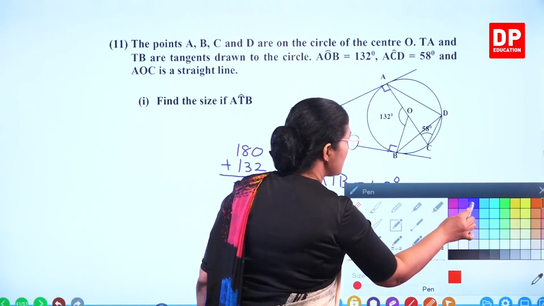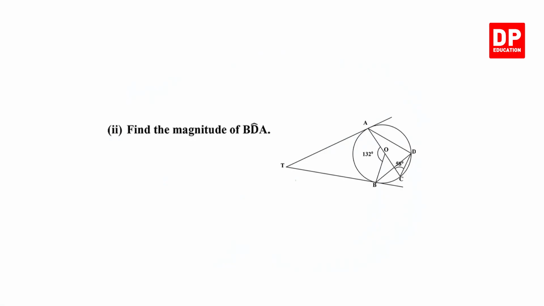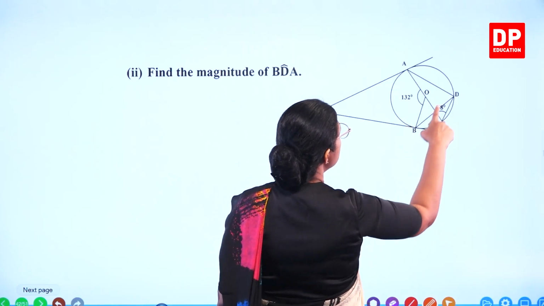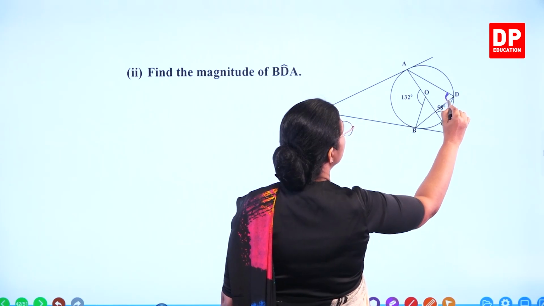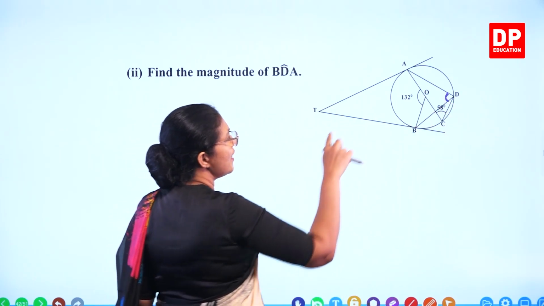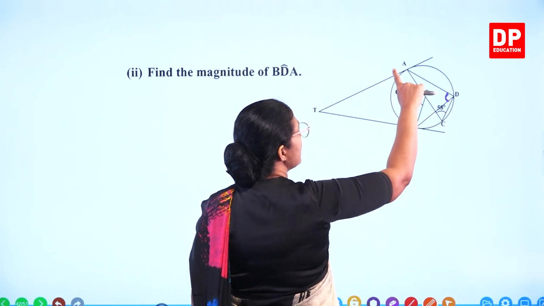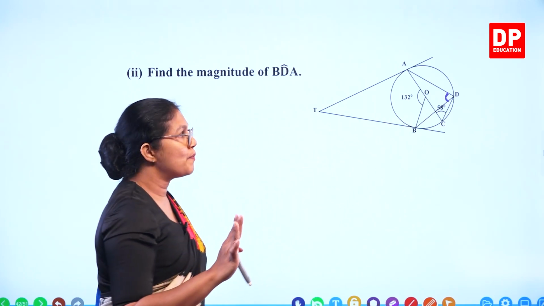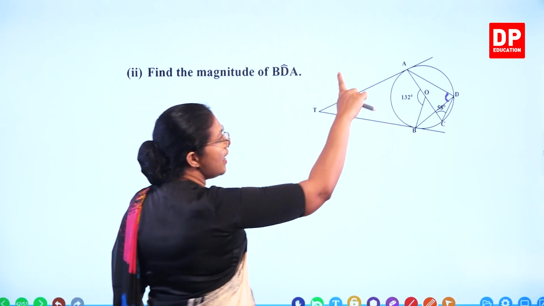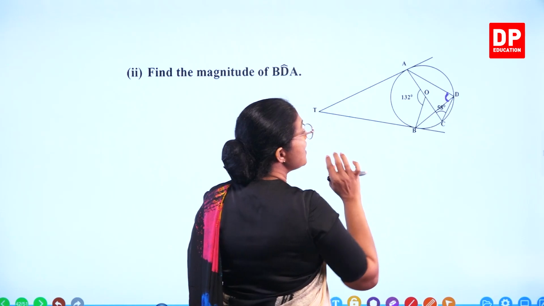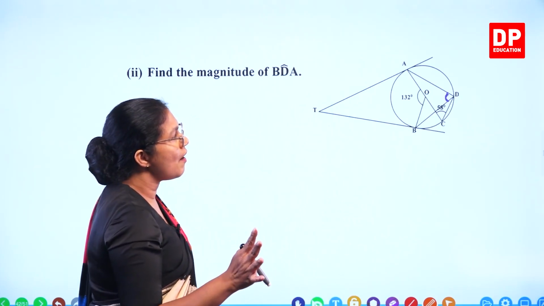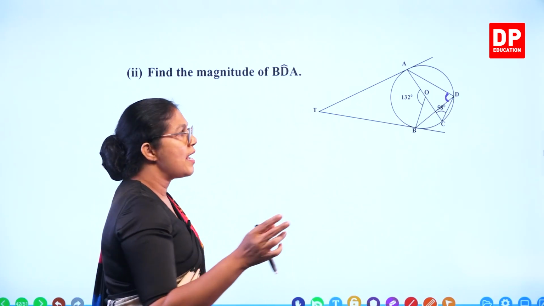Let's do the next part. Find the magnitude of BDA. BDA, this angle now. What can you say? This angle, AOB, is the angle subtended at the center. ADB is the angle subtended on the circumference. So what's the relationship?